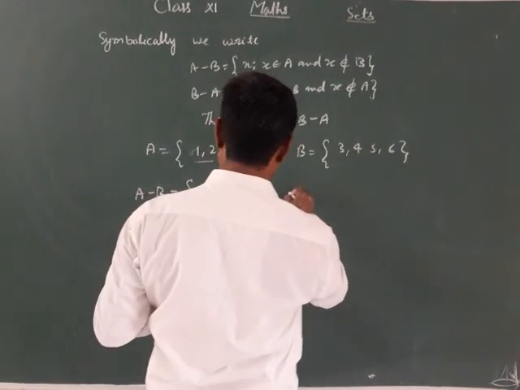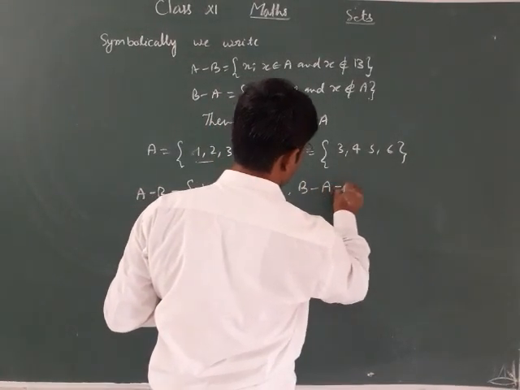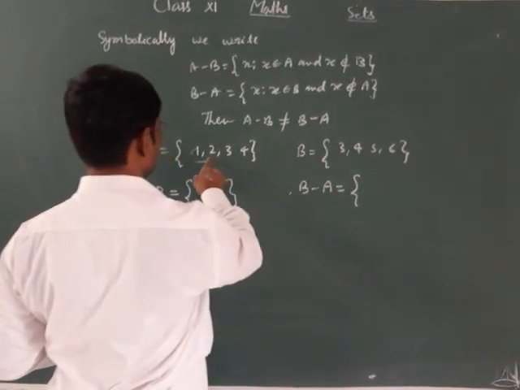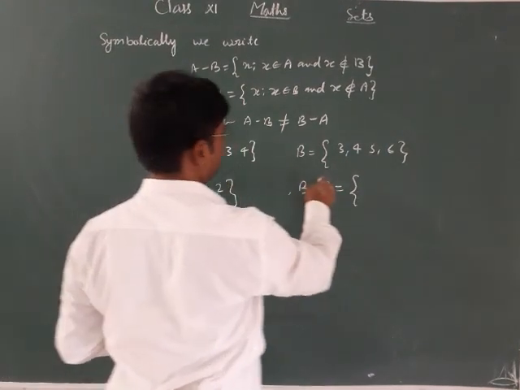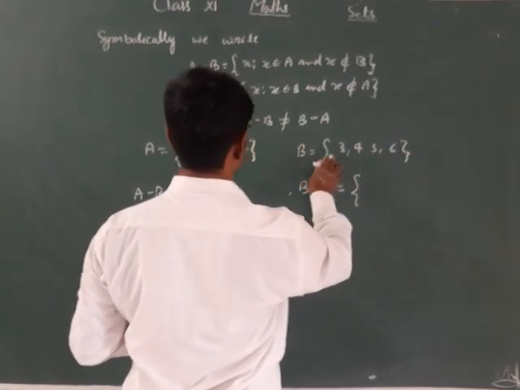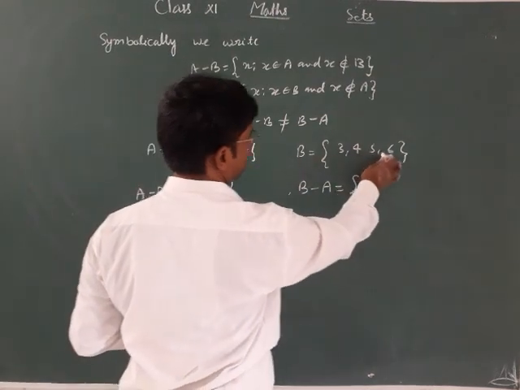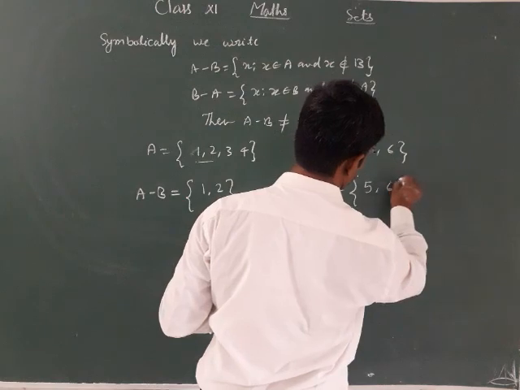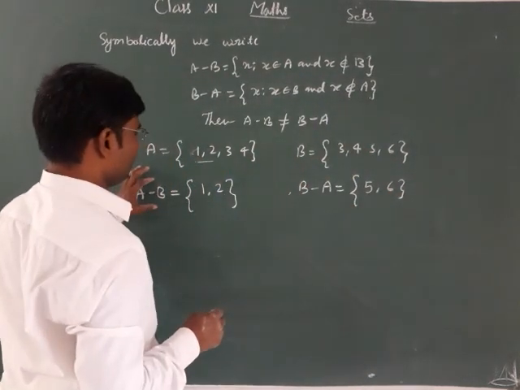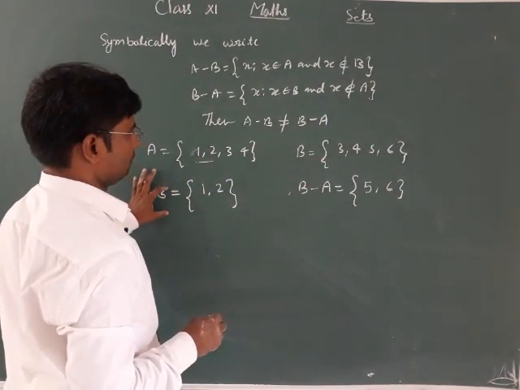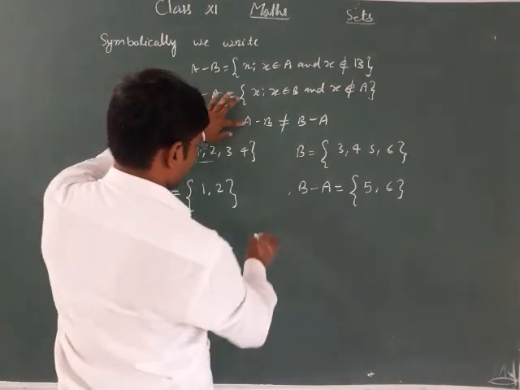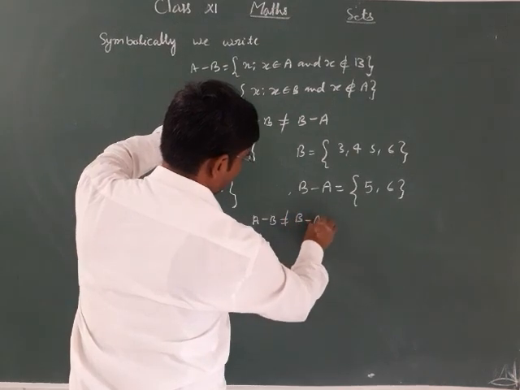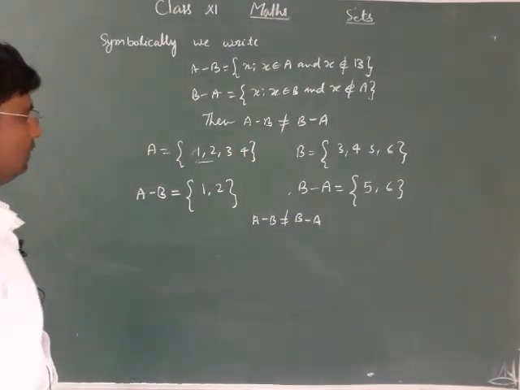And B minus A means those elements of set B that do not belong to set A. So 3, 4 are present in A and 5, 6 do not belong to set A. So 5, 6. With the help of this example, you can show A minus B is not equal to B minus A.